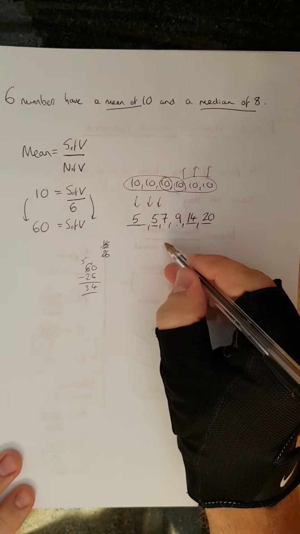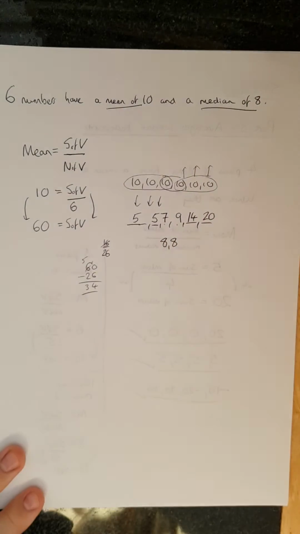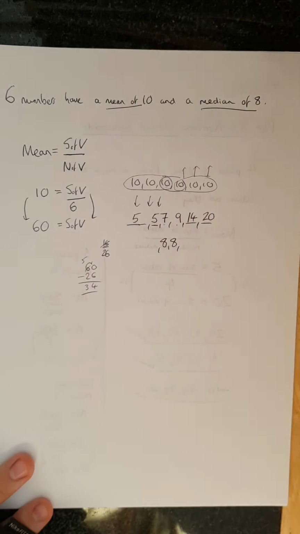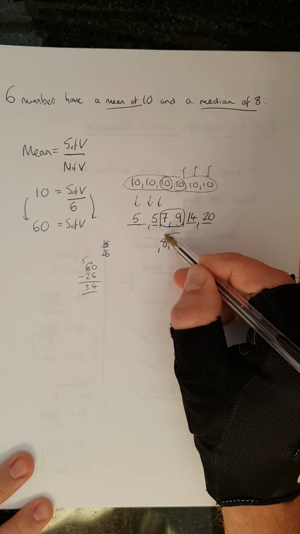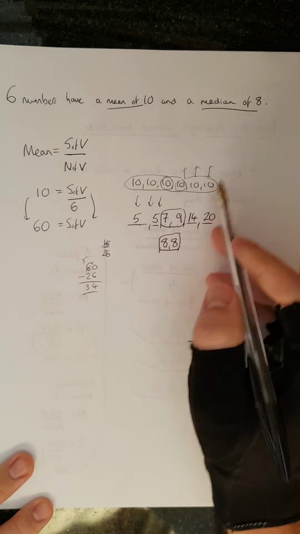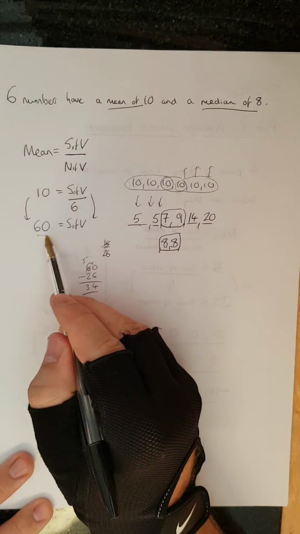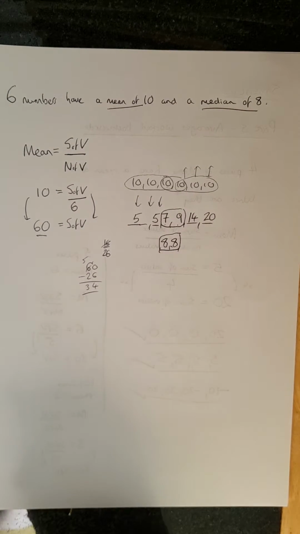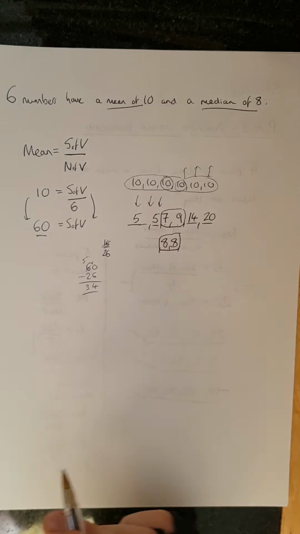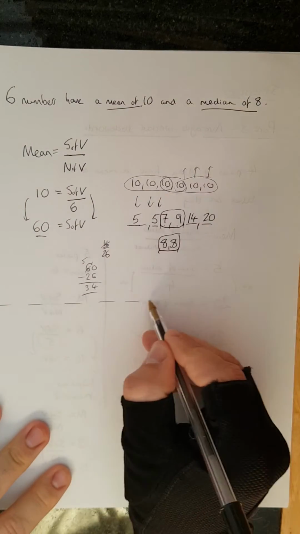Now some of you will have wanted to go 8 and 8 in the middle, and that's good too. Fundamentally, once you've got a pair here you're happy with, that gives you a median of 8, as long as you're making it total 60, you can do whatever you want. So let's have a look at another one.